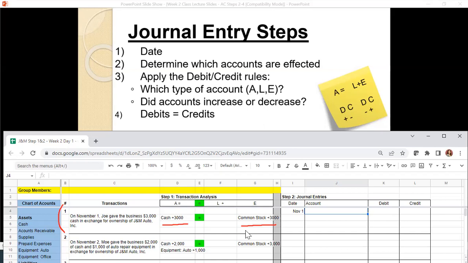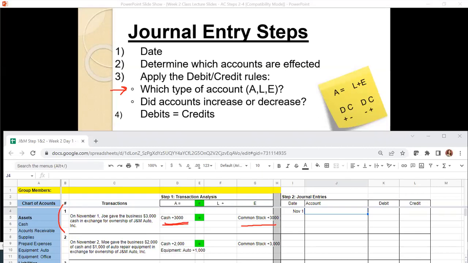The next thing we need to do is apply the debit credit rules. Here is how we apply them. We first look at what type of account it is. Is it asset, liability, or equity? In this case, we are looking at cash, which is an asset.